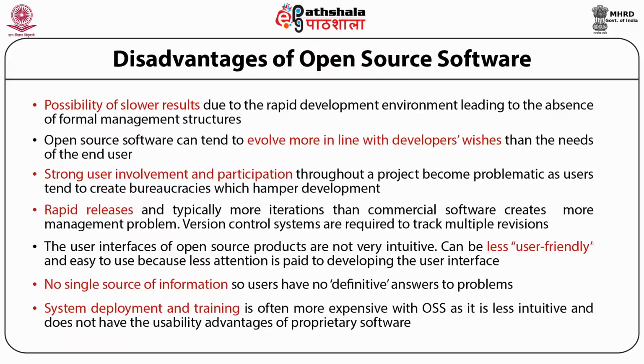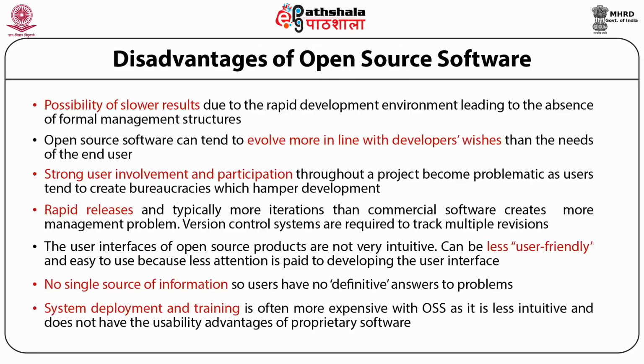And strong user involvement and participation throughout a project becomes problematic because everybody is contributing on a voluntary basis. And rapid releases are quite frequent in open source software. The moment you use 4.0, within 1 or 2 months you will get 4.1. But in commercial software, such kind of fast upgradation is not done.